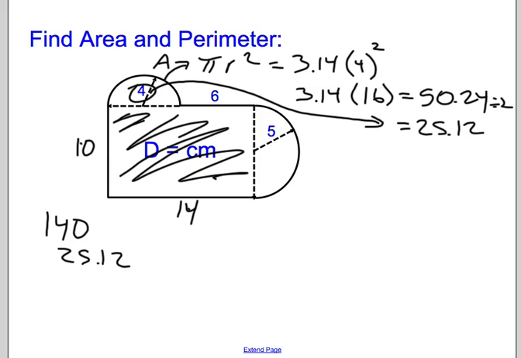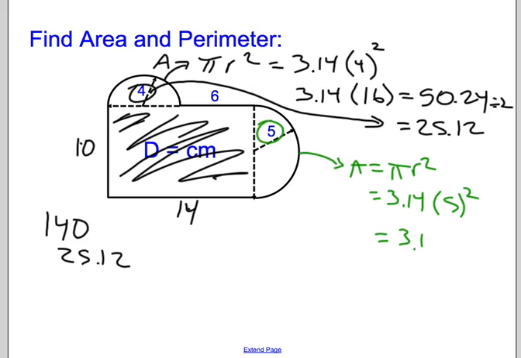I'm going to get a different color since it's getting a little crowded here. We need to find the area now of this circle. So area, pi r squared, 3.14 times the radius on this circle, which is 5 squared. 3.14 times 25, I've done this enough, I should know it's 78.5. 25 times 3.14 is 78.5, divided by 2, 39.25.